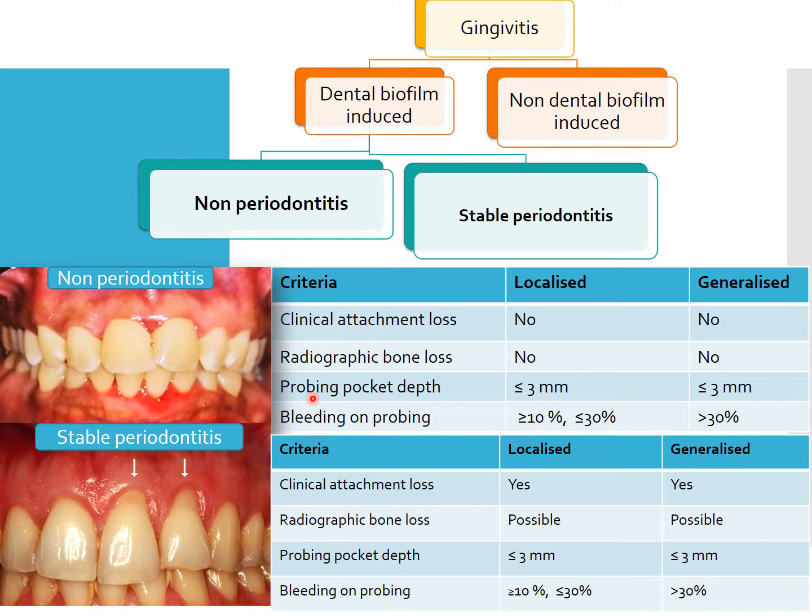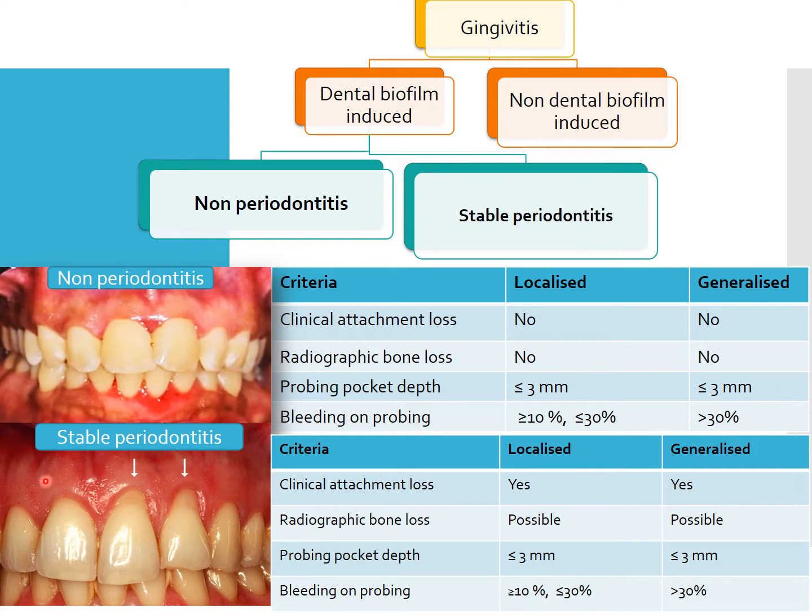The probing pocket depth will be normal, that is minimal, less than 3 mm. Bleeding on probing can be either localized, 10 to 30 percentage, or generalized, greater than 30 percentage. So this is the normal gingivitis in an intact periodontium.